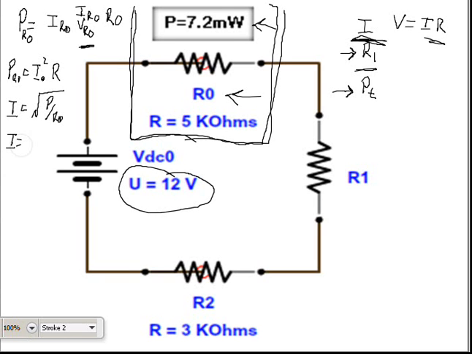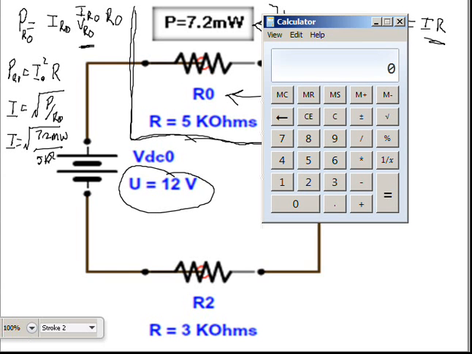So I is equal to the square root of 7.2 milliwatts over 5k ohms. So 0.0072, that's 7.2 milliwatts, divided by 5,000 equals 0.000144.